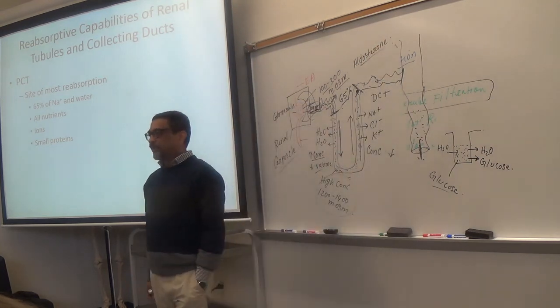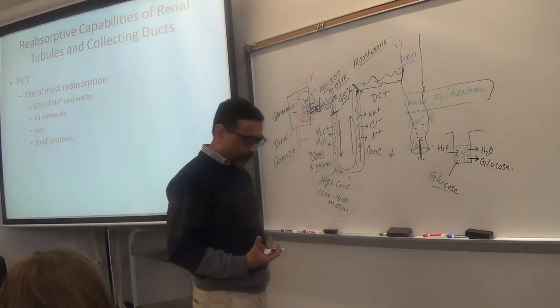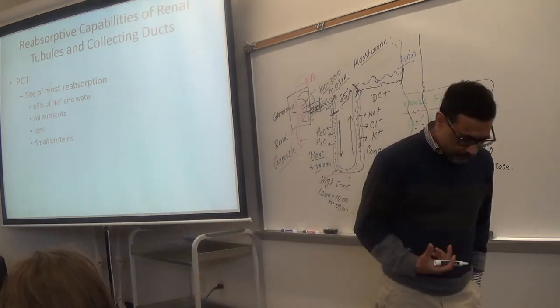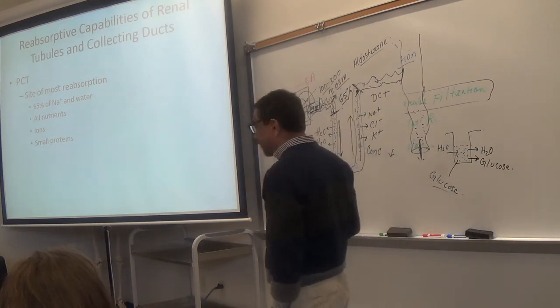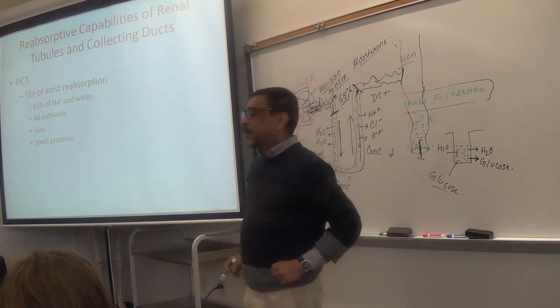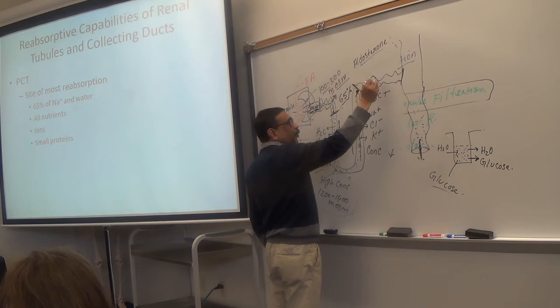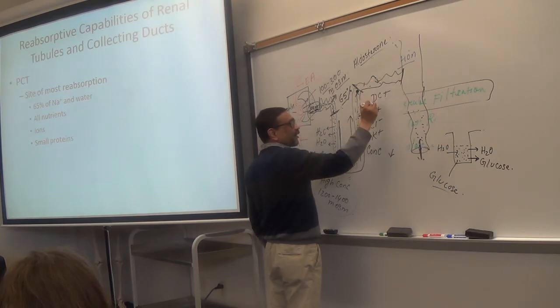Aldosterone is an adrenal hormone, an adrenal gland hormone. You must remember the adrenal gland sitting on the kidneys, remember? Suprarenal or adrenal gland. This hormone comes from the adrenal gland and works on the distal convoluted tubule.